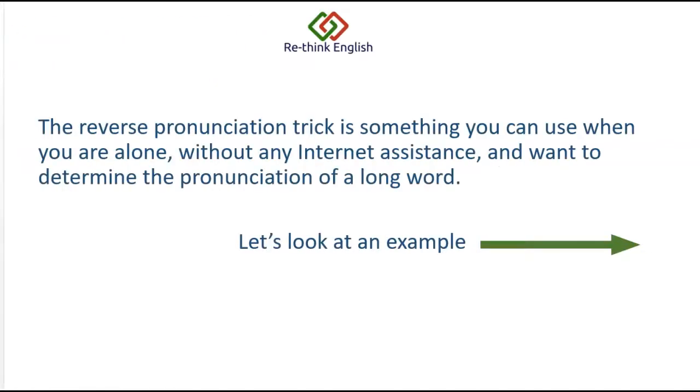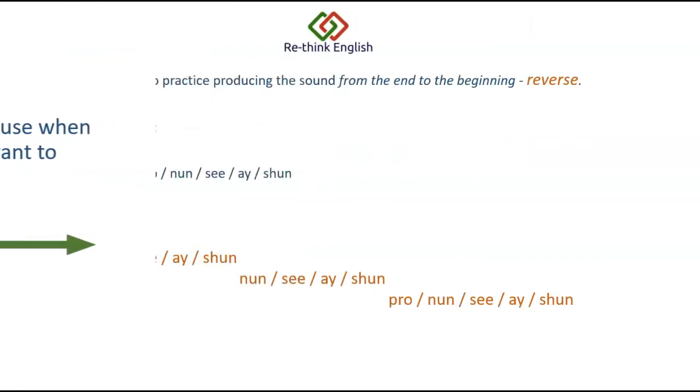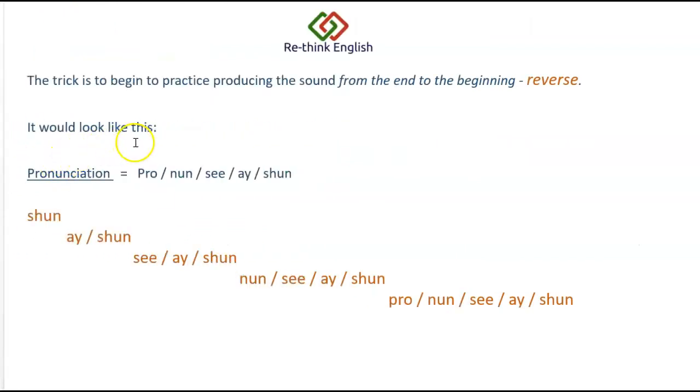Let's look at an example now. For this trick to work, we must produce the word beginning with the last sound of the word. So let's take a look at a practice word pronunciation and go through the process.